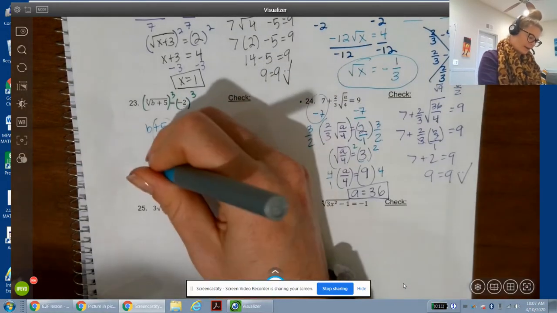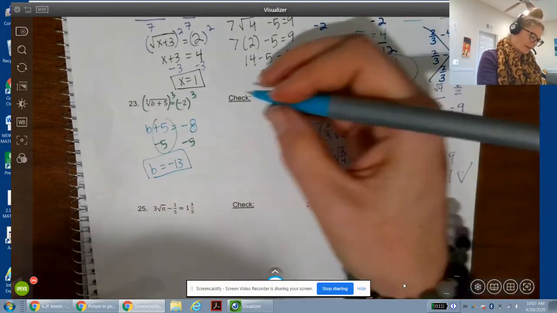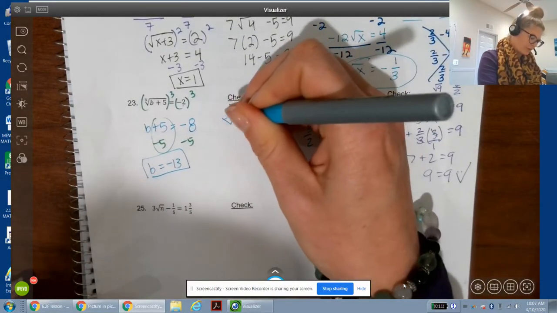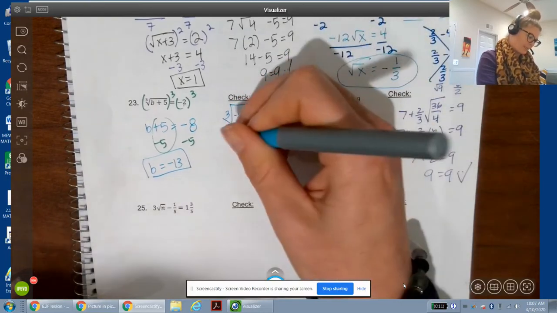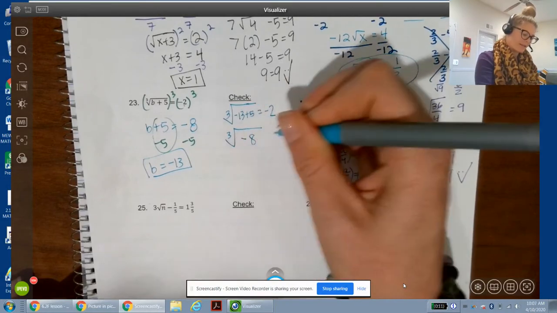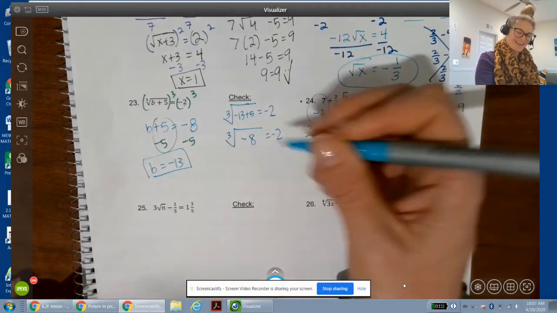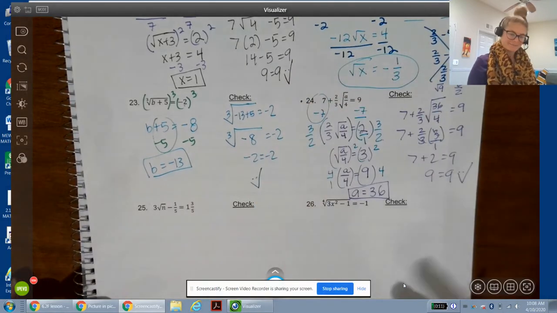And when I do that, I get b is equal to negative 13. And of course, we have to check that. So cube root of negative 13 plus 5 is equal to negative 2. Negative 13 plus 5 is going to get me to negative 8. And the cube root of negative 8 is negative 2. Awesome. So we know we got it right.